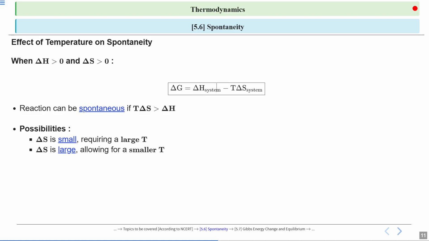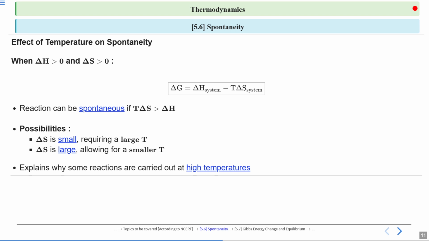Next, if delta S is already large, then we can take a lower temperature. In that case also, your system will undergo a spontaneous process. Delta S is large enough so that delta H will be less than T delta S. That is the basic criteria we have to follow.